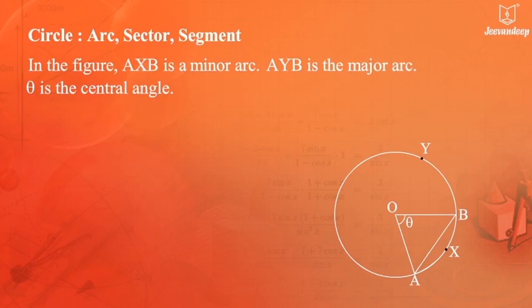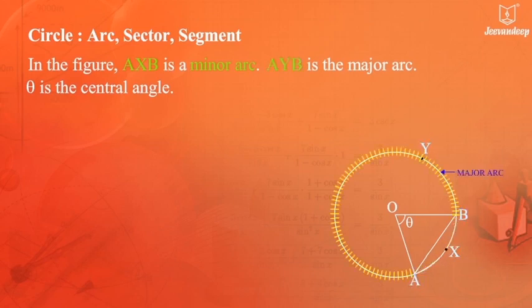Circle, arc, sector, segment in a circle. In the given figure, AXB is a minor arc. AYB is the major arc. Theta is the central angle.